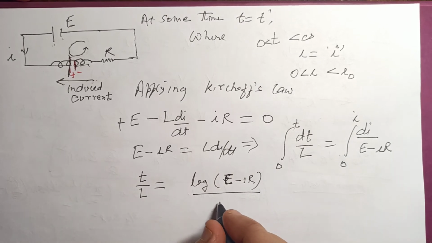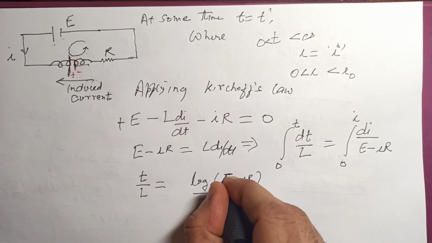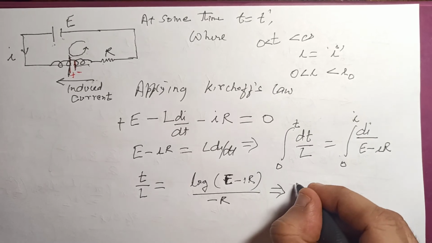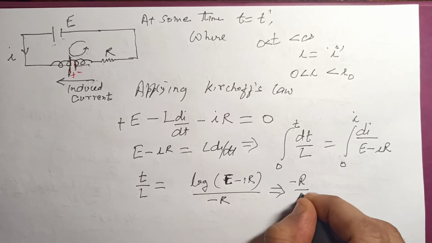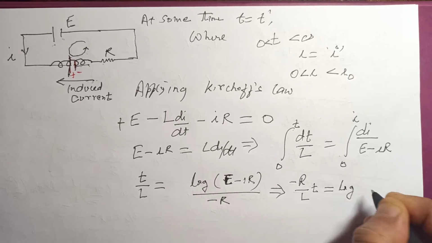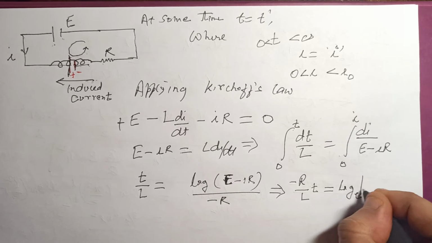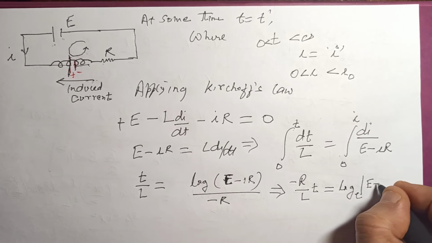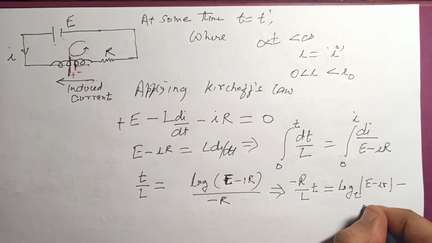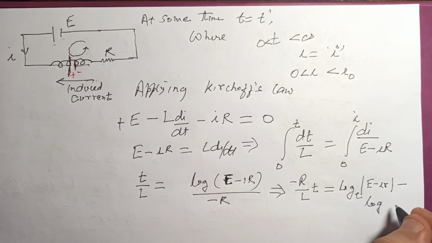So it becomes minus R. Okay, further if I put it in the right fashion, then it becomes minus R by L into t is equal to log of mod of E minus IR, right, minus log of E.